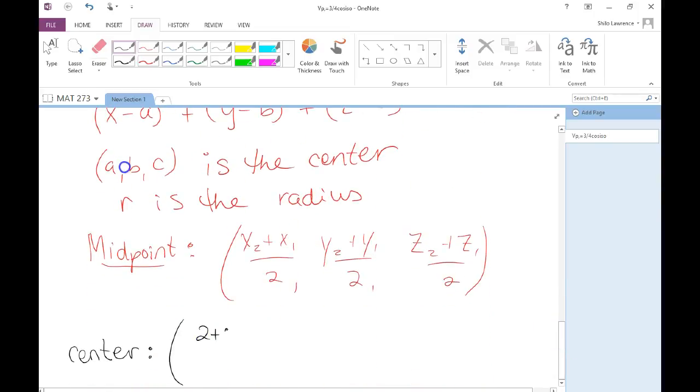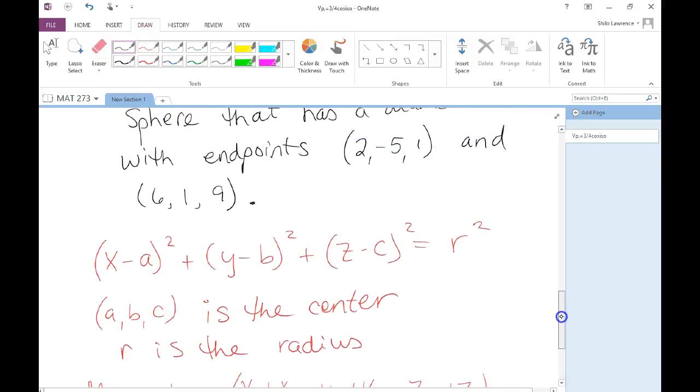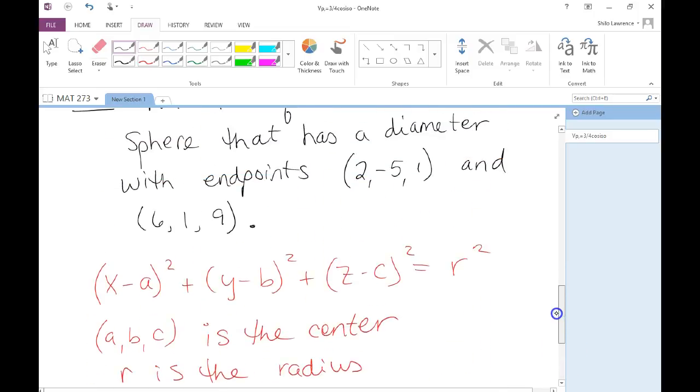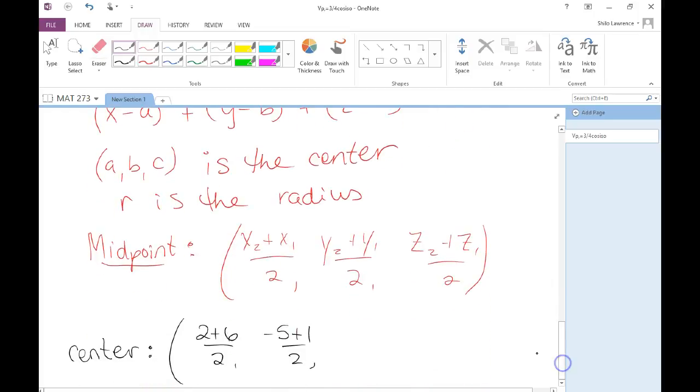So we've got 2 plus 6 over 2 for my x coordinate. -5 plus 1 over 2 for my y coordinate. And then 1 plus 9 over 2 for my z coordinate. Those are the x's, the y's, the z's that we were given for the diameter.